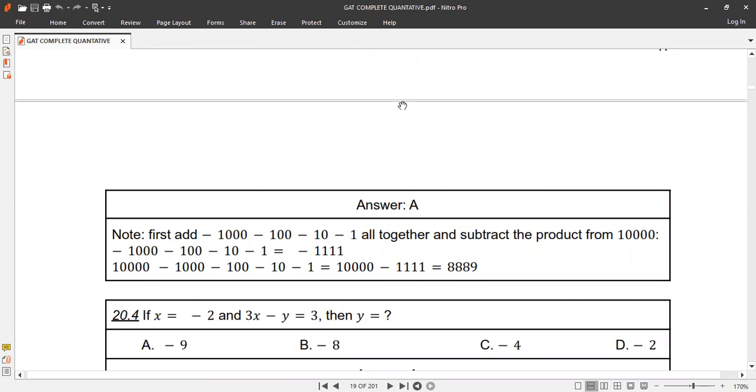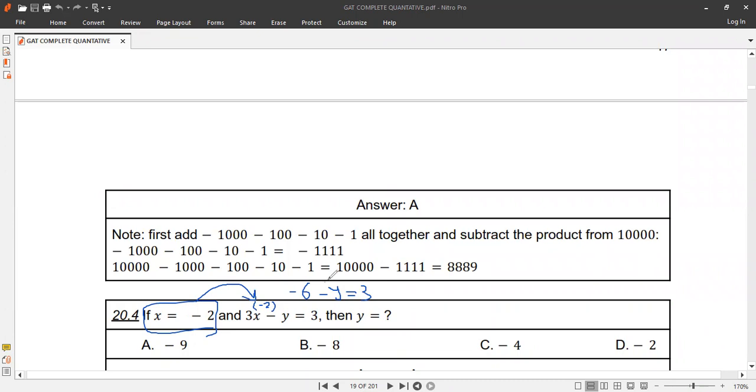Here, the question depends on the equations. X equals -2. So we replace X in the second equation by -2. Directly, guys. So 3 multiplied by -2 equals -6, minus Y equals 3.